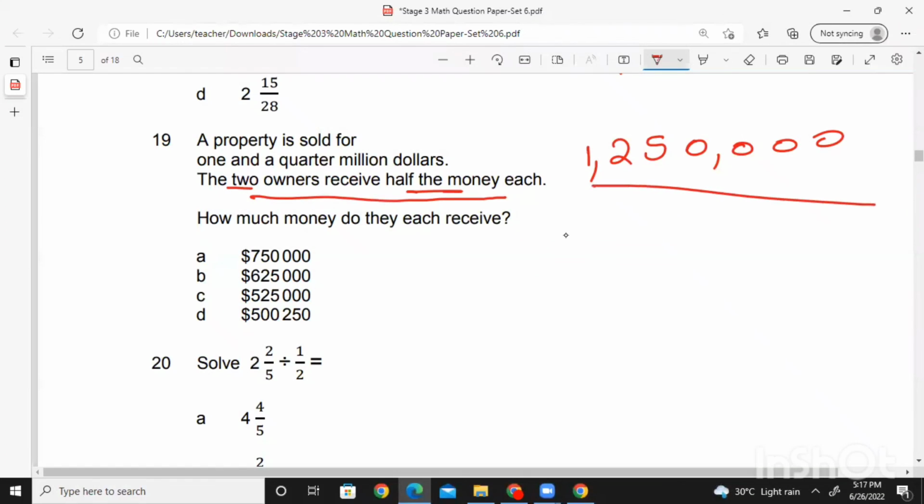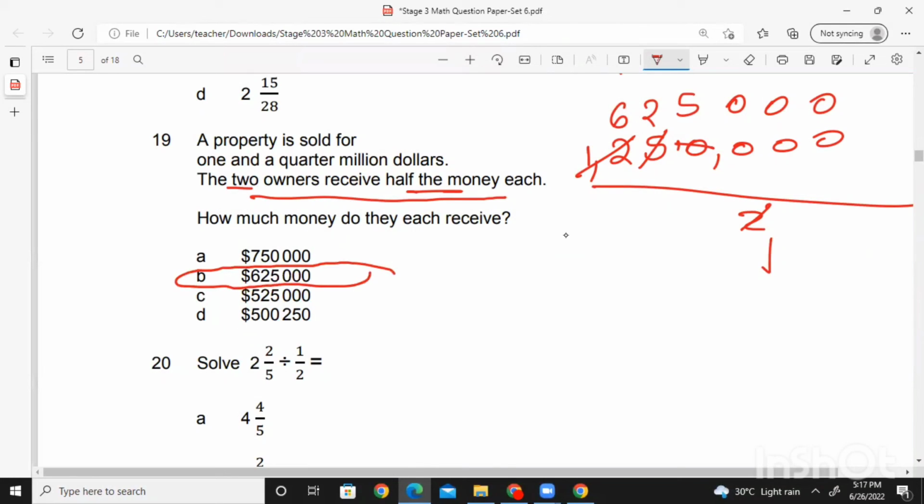We want to divide this by 2. That's what half signifies. 2 into 1, 0 times. 2 into the 12, 6 times. 2 into the 5 goes 2 times and remainder 1. 2 into the 10, that's 5. 2 into 0, 0. 2 into 0, 0. 2 into 0, 0. So each person would have gotten 625,000. And we're looking for that. Here is our response right there.